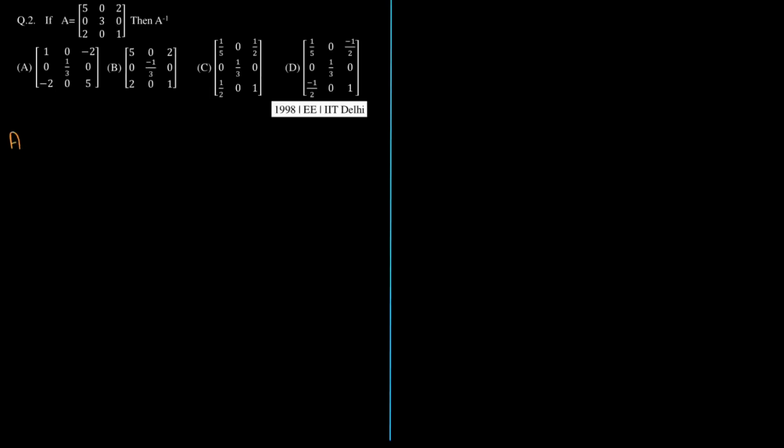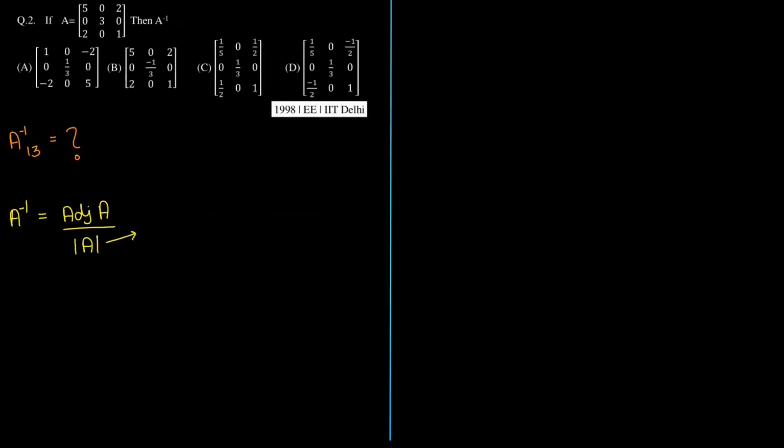We need to find the inverse of the matrix, and especially only the third element, that is first row and third column. According to the formula which I discussed in my previous video, the inverse of the matrix will be the adjoint of that matrix divided by its determinant. We will keep the determinant aside for a minute.